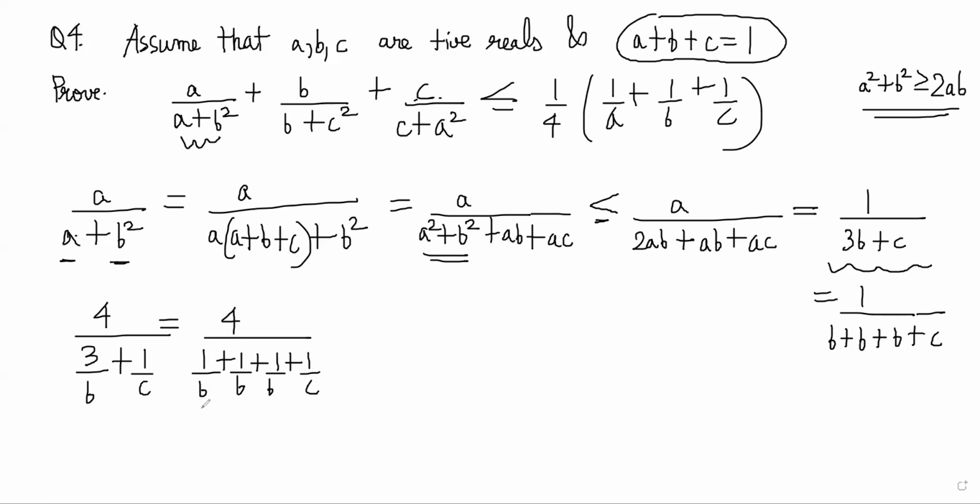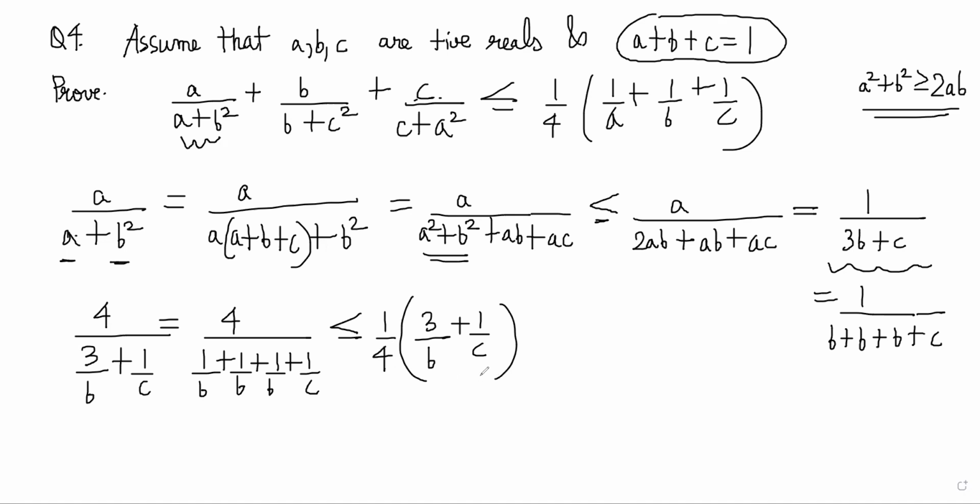This is the HM of these four terms, should be less than or equal to the AM of these four terms, right? The AM of these four terms will be (3 by B plus 1 by C) by 4, right?